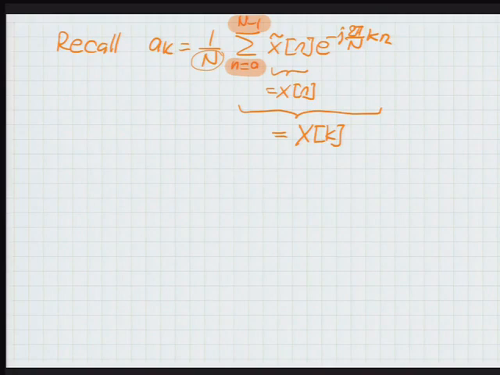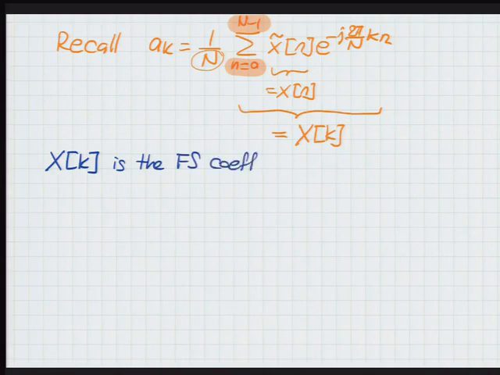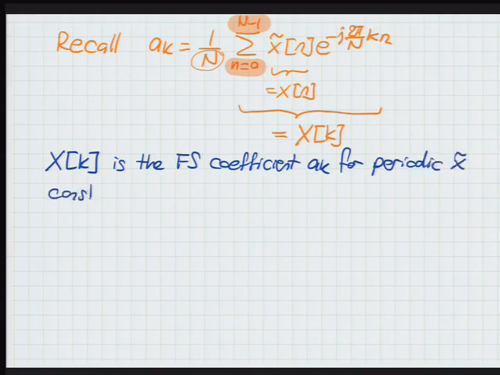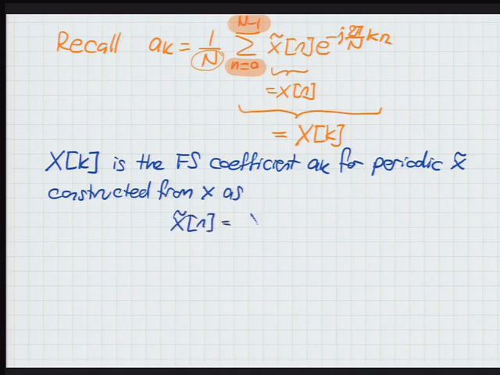Okay, so to summarize what we just showed, the kth DFT coefficient is N times the Fourier series coefficient a_k for periodic x tilde constructed from x as x tilde of n equals x of n mod capital N. Okay?